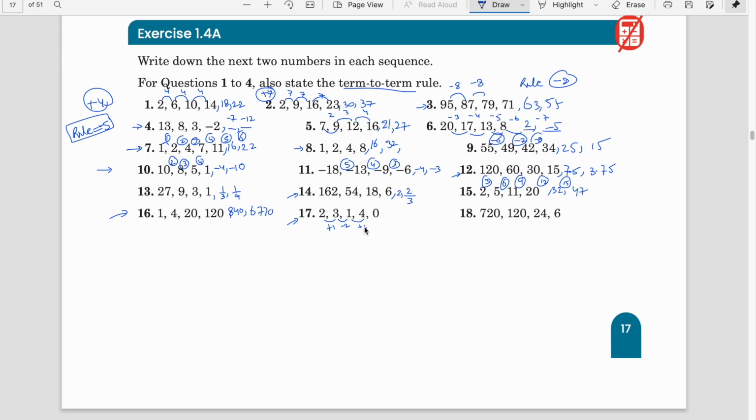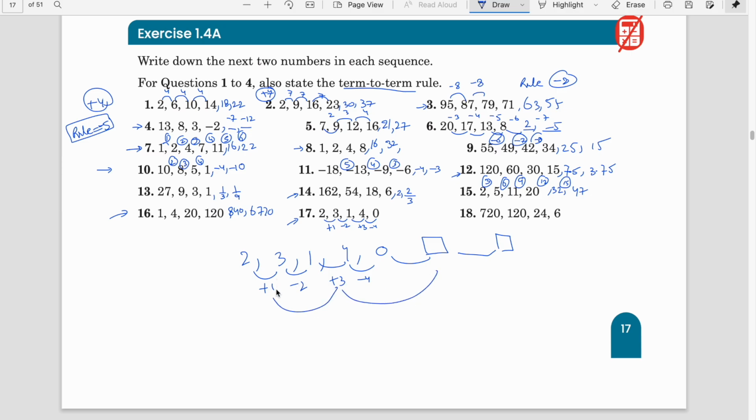This is plus 3, then minus 4. So if we continue the sequence, 2, 3, 1, 4, 0. First it is plus 1, minus 2, plus 3, minus 4. Now unknown and unknown. So basically very good.